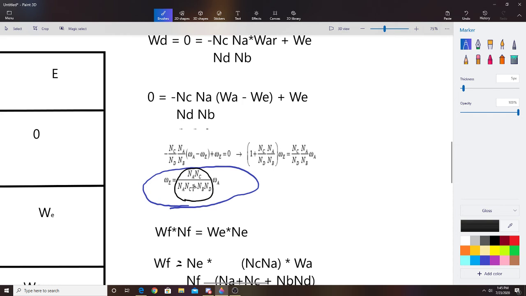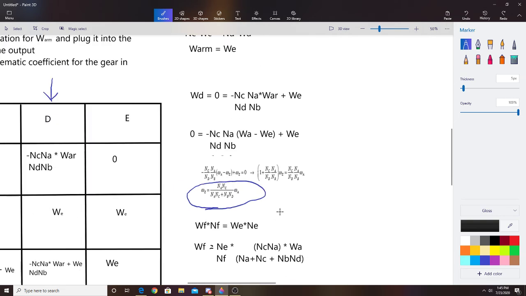Because this is asked on your homework. I don't want anyone to turn it in without understanding, or it'll be on your exam too. I don't want anyone to not understand where that kinematic coefficient is coming from. It's really easy. It's free points, guys. It comes just once you find the equation for the gear that I asked for. So let's say I asked for gear E, and you have this equation, and I ask, what's the kinematic coefficient? All it is is everything not including that.